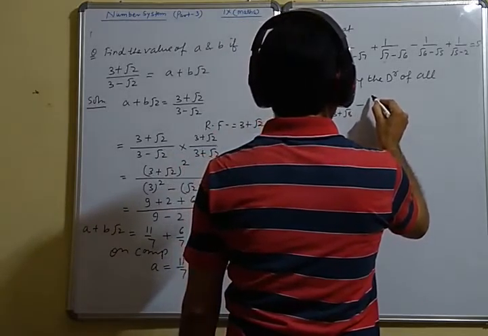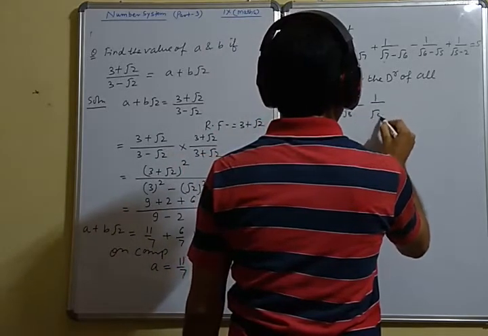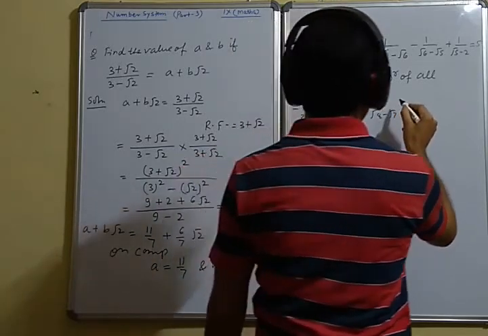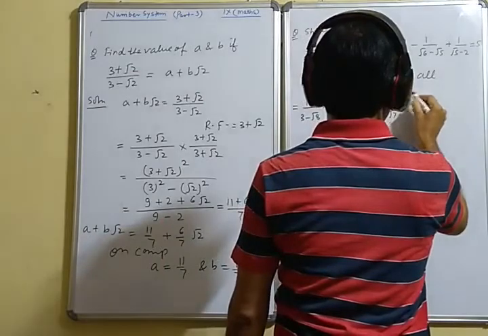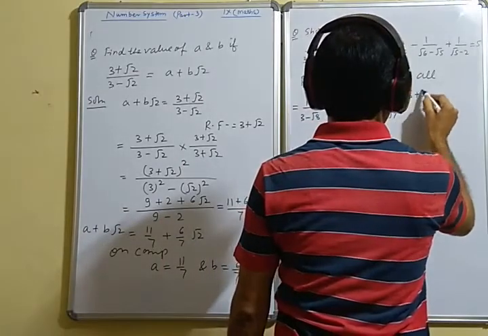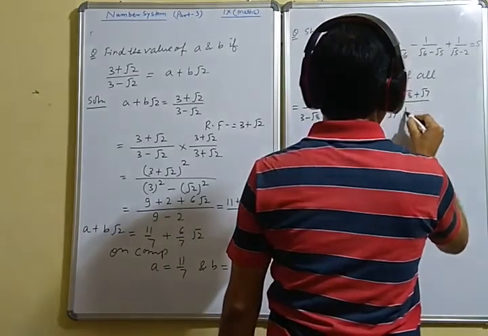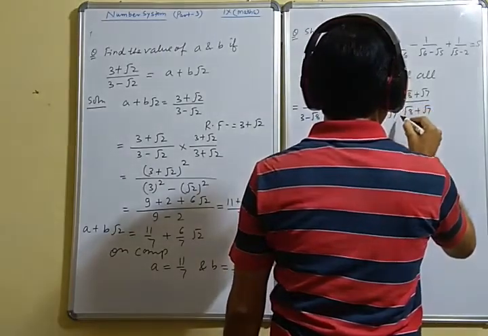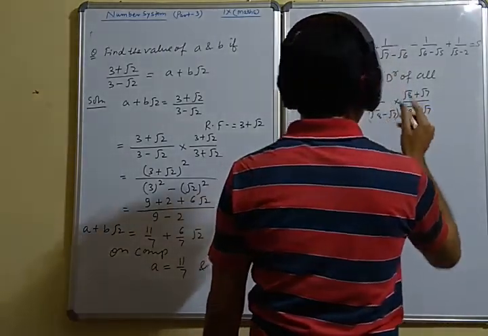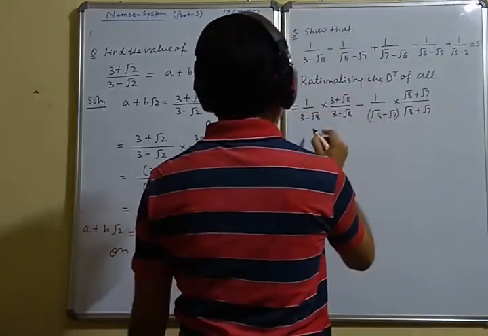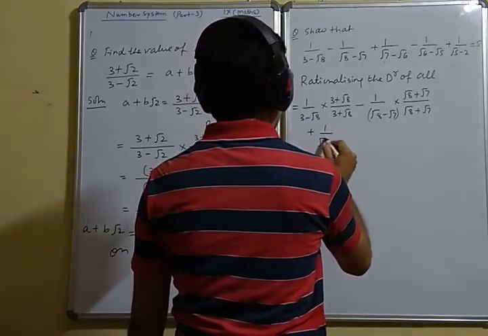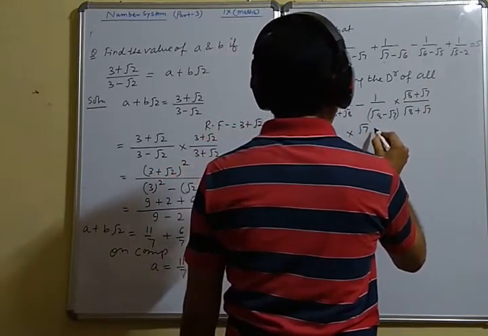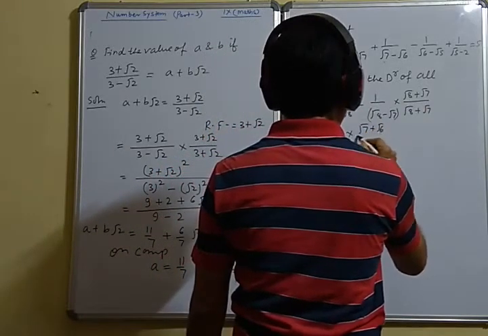Minus 1 upon root 8 minus root 7. Its rationalizing factor is root 8 plus root 7. So multiply and divide by this one. Next term, 1 upon root 7 minus root 6. Its rationalizing factor is root 7 plus root 6.